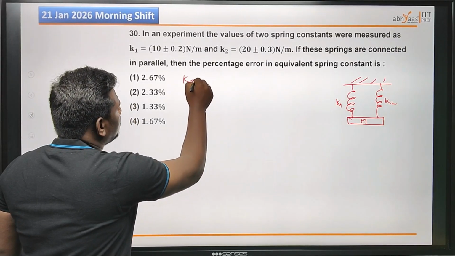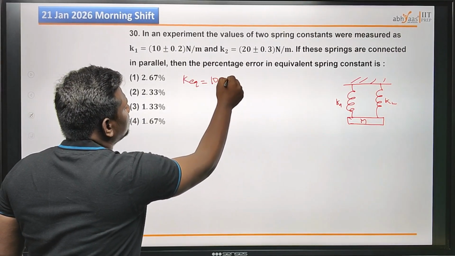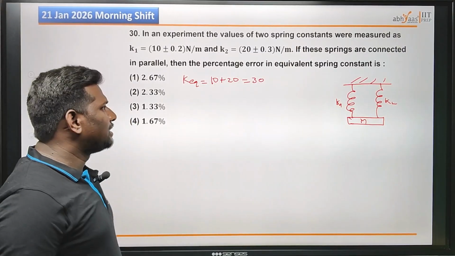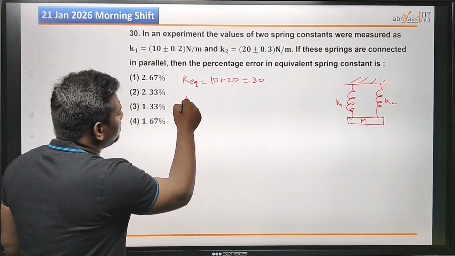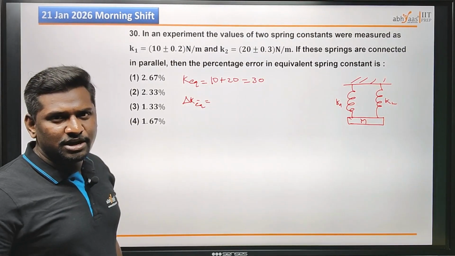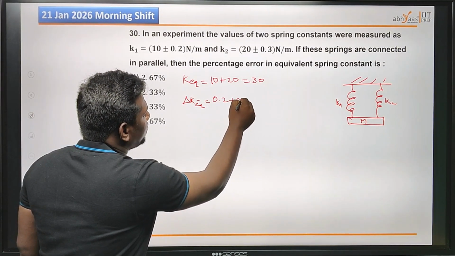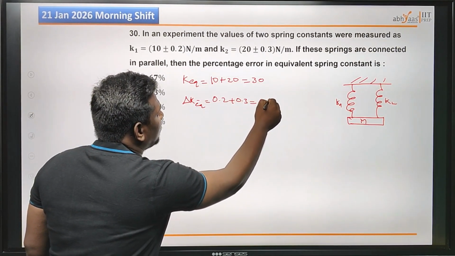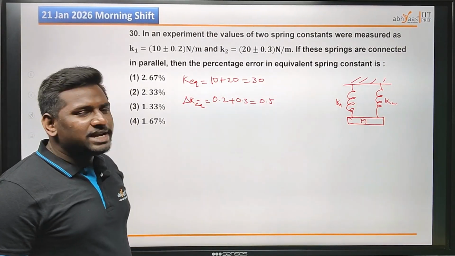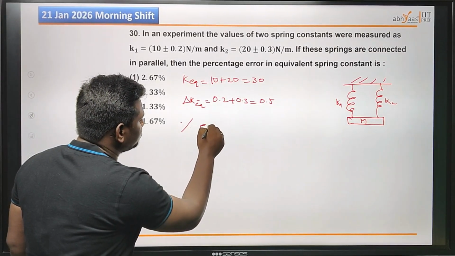So K equivalent is nothing but K1 plus K2, that is 10 plus 20, 30 Newton per meter. So delta K equivalent, or change in spring constant, is 0.2 plus 0.3, which is nothing but 0.5 Newton per meter. What they are asking is the percentage error in equivalent spring constant.